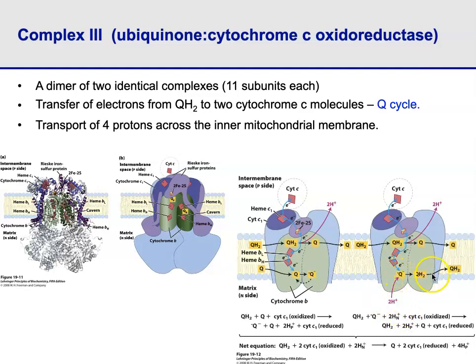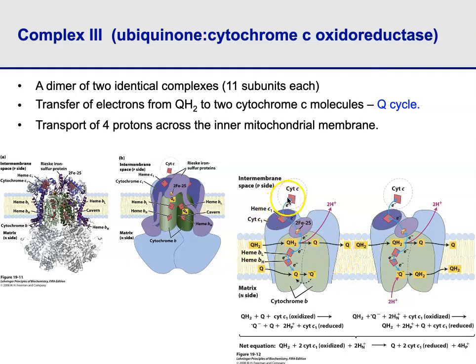And that ubiquinol will be released. So the net product of this reaction is, well, before I get to the net product, what happened in this reaction: we used 2 molecules of ubiquinol.